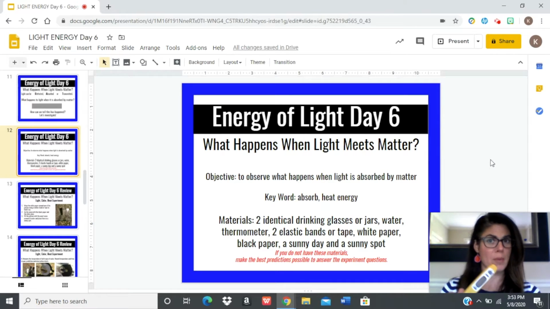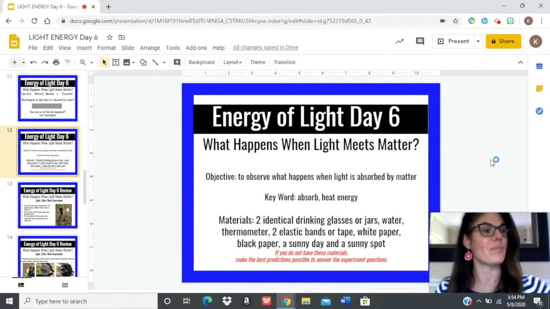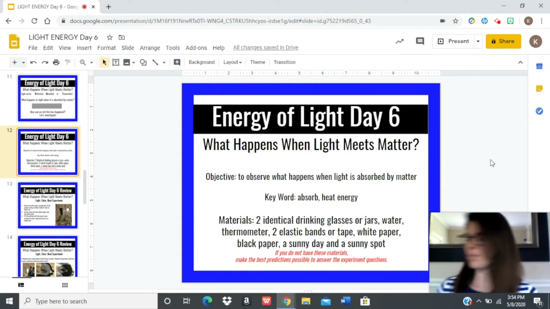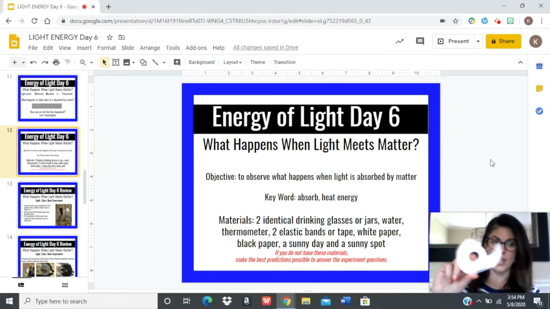The thermometer we use to measure our temperatures, we only have a forehead and ear thermometer. This is actually a meat thermometer because Mr. Motor likes to smoke meat, and it worked really well to test the temperature. Also 2 elastic bands, jar bands, or tape.